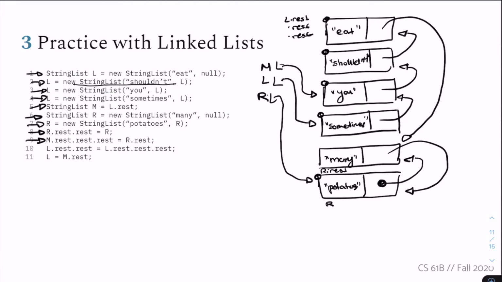And so if you remember, this is the pointer we're changing, because this is the .rest pointer within L.rest. And we're going to copy over the value from this pointer into there. So essentially, we're just redrawing this arrow to look like this.